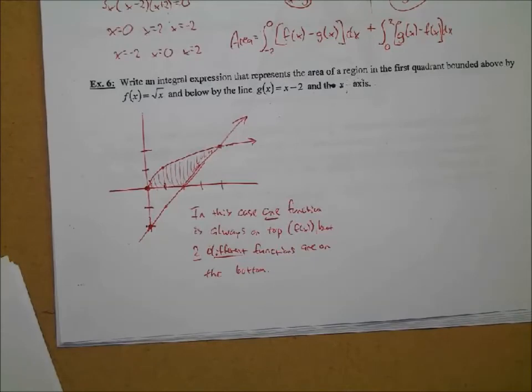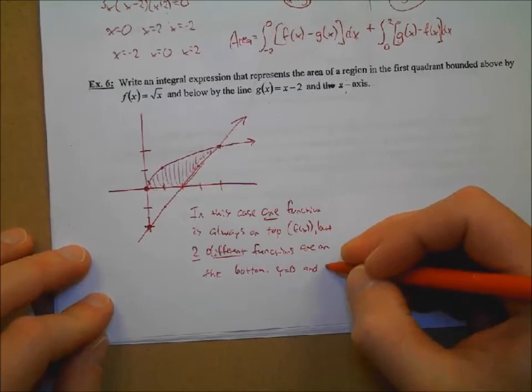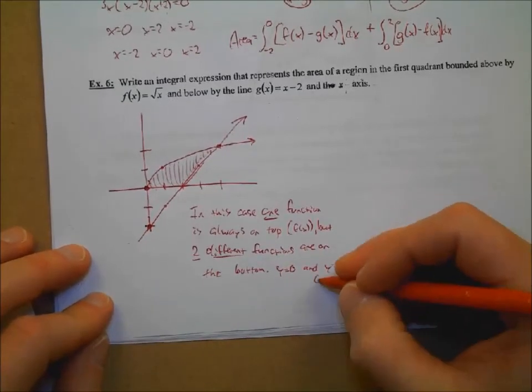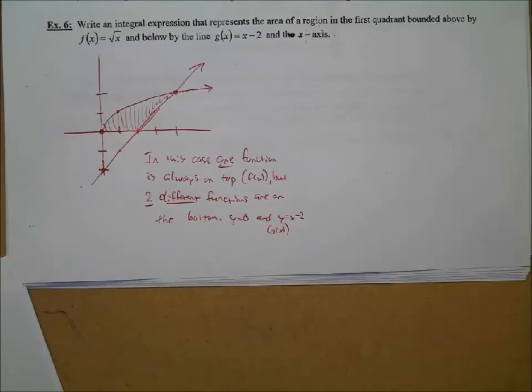G and y equals 0. Exactly right. Y equals 0, and then g of x, which is y equals x minus 2, or g of x equals x minus 2, that kind of thing. How do we accommodate this to find the area of this region?